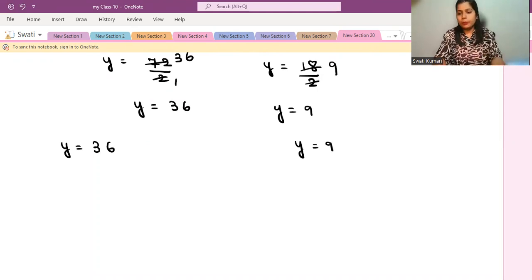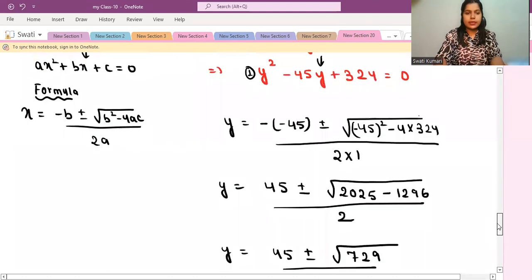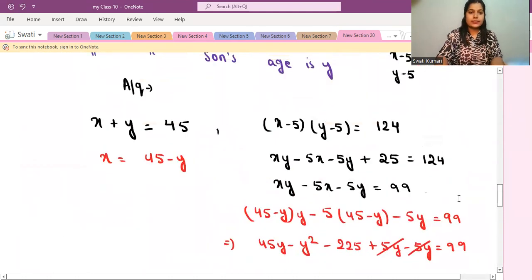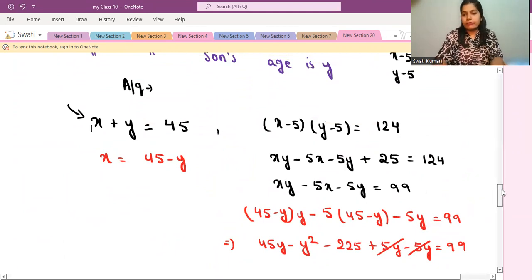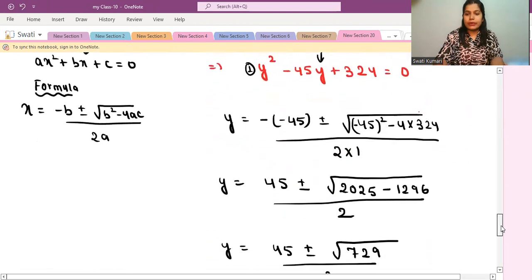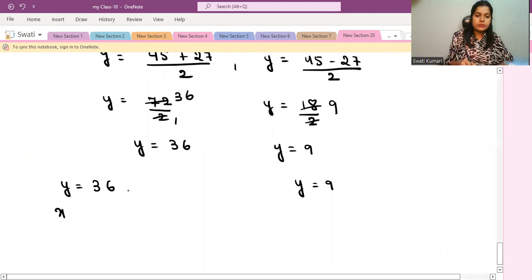Now, I hope you remember that we got an equation something like this. Yes, this is the equation. Okay, let us consider this: x plus y equals 45. Now, from this equation, we will put the value of y to get the value of x. So let's write down that, since x plus y equals 45, x is the same as 45 minus y.